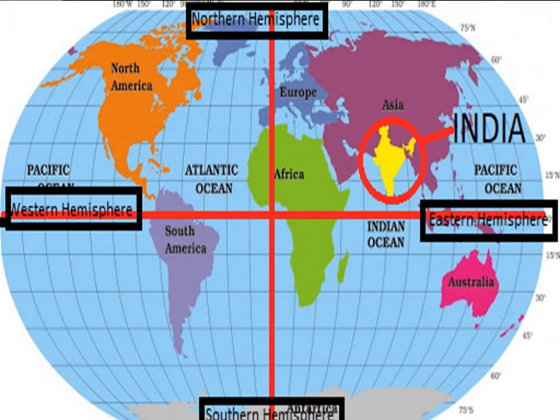We have meridians up to 180-degree in east and up to 180-degree in west. But when we talk about latitude, we have latitudes up to 90-degree in north and up to 90-degree in south. So latitudes are up to 90-degree and longitudes are up to 180-degree.